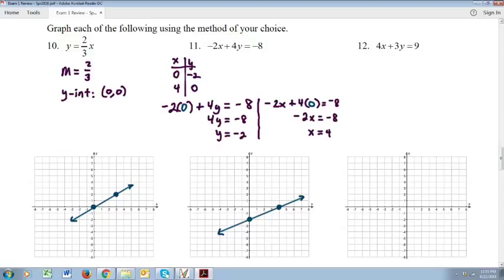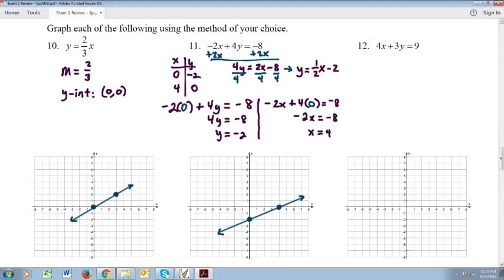Now let's say you chose to go the other route and you wanted to solve for y. Put this in slope-intercept form. You get 4y is equal to 2x minus 8. We'll divide each term by 4 and we will get y on the left. Let's see, 2/4 x would be 1/2 x. And -8/4, that would be -2.